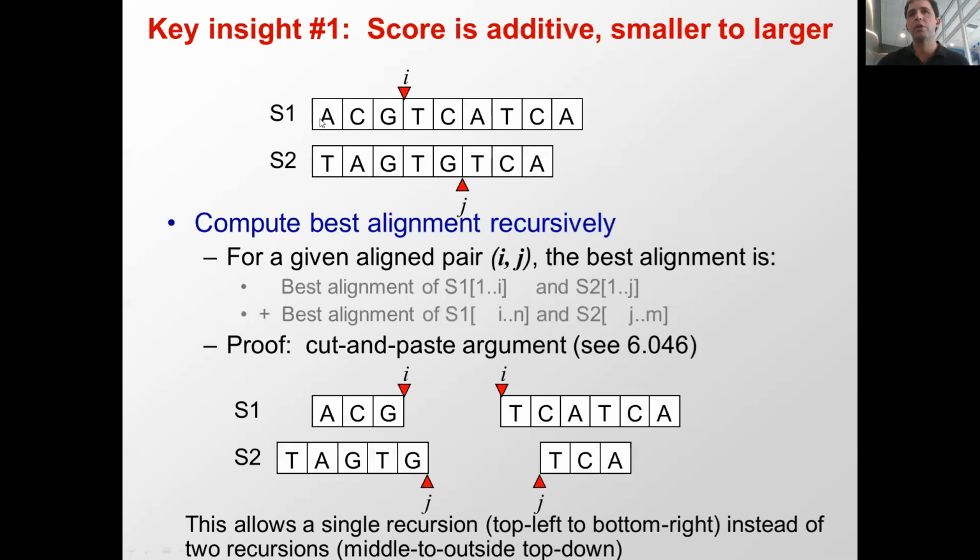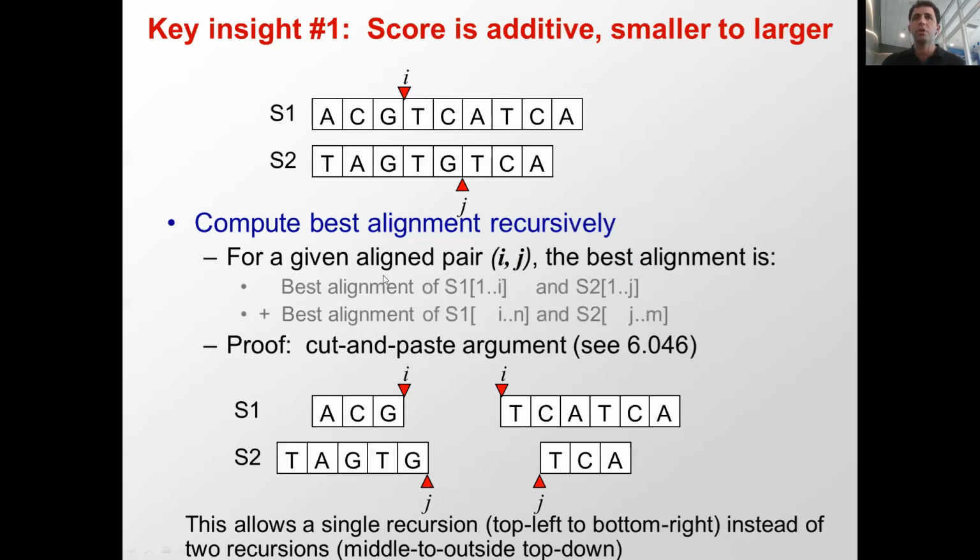And if I start figuring out the optimal alignment of prefixes, I can then make the prefixes larger by using the prefixes that I have already computed, and similarly extend this i and j index of how big a prefix I'm looking at, all the way until i equals n and j equals n.